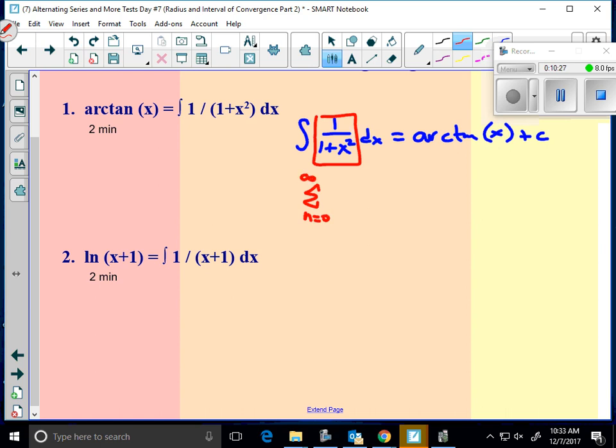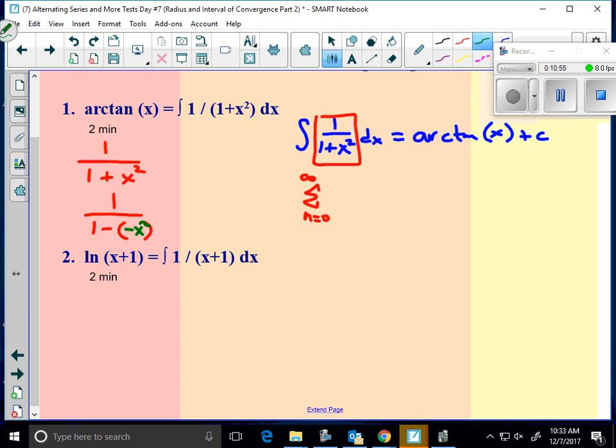How could I write this thing in this form? How could I write 1 over 1 plus x squared as 1 over 1 minus something? Negative x squared. There we go.